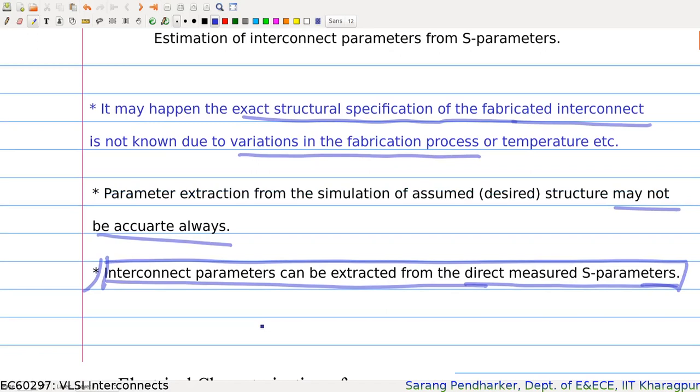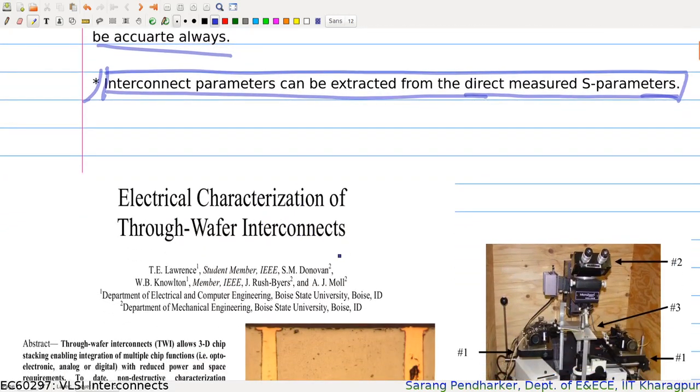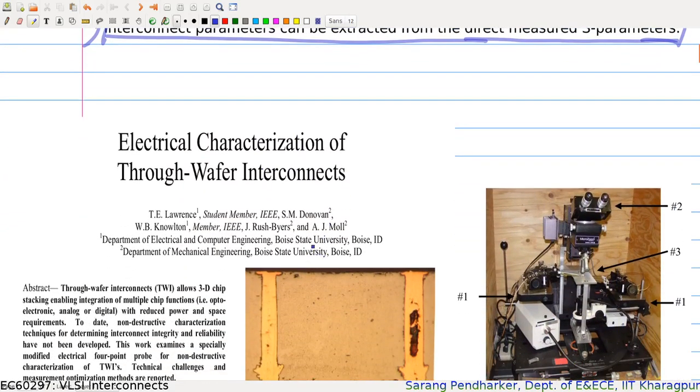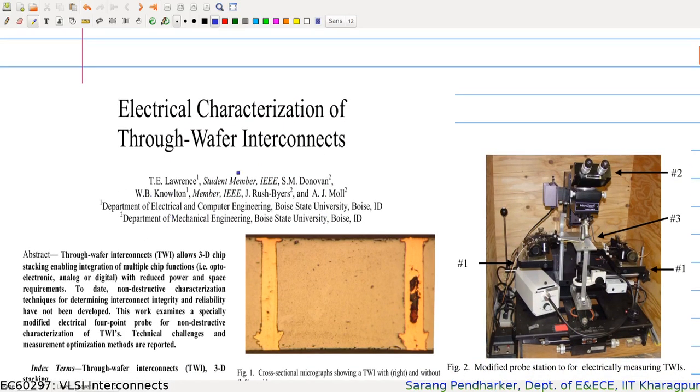Before I go into the details, let me show you some of the papers which talk about such things. This paper is from 2004, from a conference, and it talks about electrical characterization of through wafer interconnect.